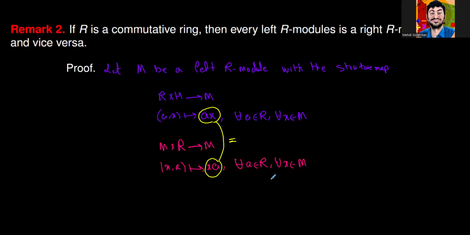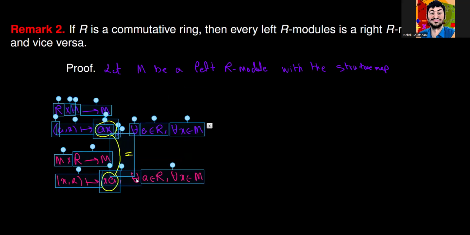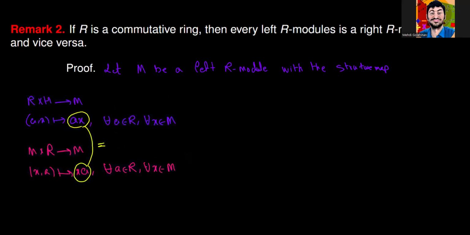Right now we have one claim. What is our claim?